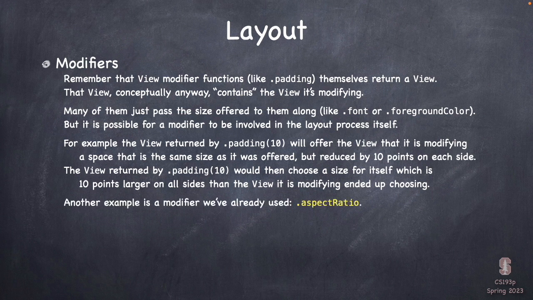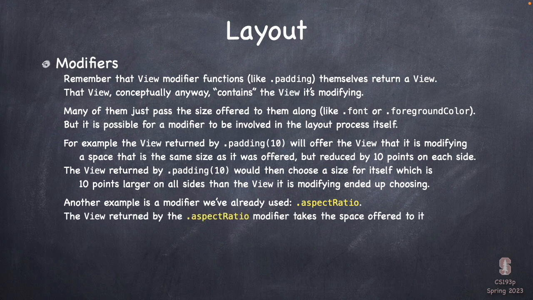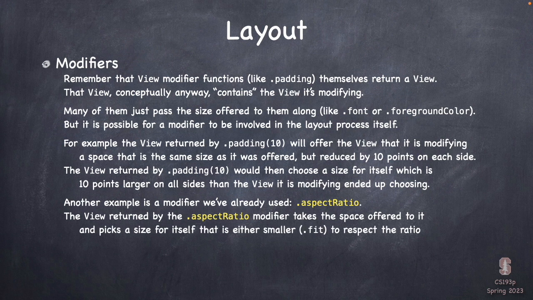Another example of a modifier that is kind of like this is aspect ratio. So the view that's returned by aspect ratio takes the space that's offered to it. It picks a size that's either in the aspect ratio inside what was offered to it. That's the dot fit. Remember, we had content mode dot fit. Or it picks a size that's as big as possible, where one edge is the largest size, and thus it'll be bigger than the size offered to it.